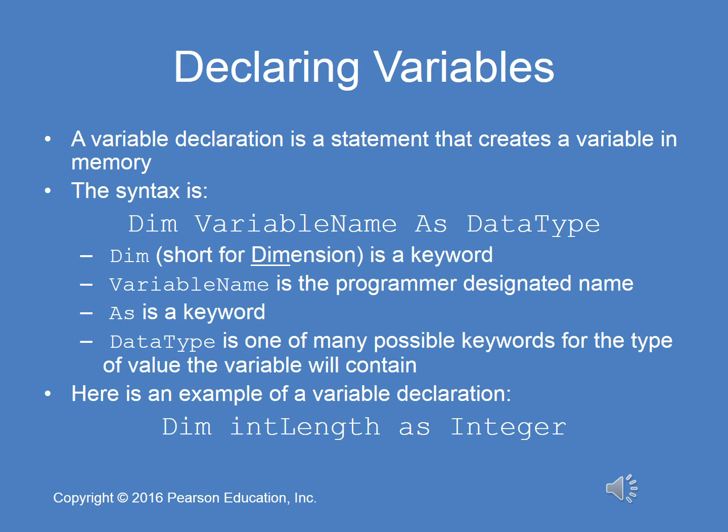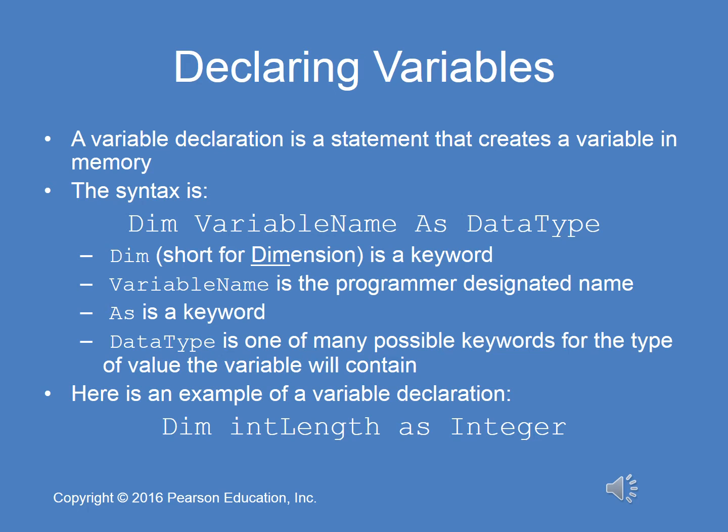In your program, you'll be declaring variables, and what that does is it sets aside space in memory to store specific types of data. So a variable is declared in a statement, and here's the syntax for declaring a variable. We use the keyword dim, which is short for dimension. That's a keyword.